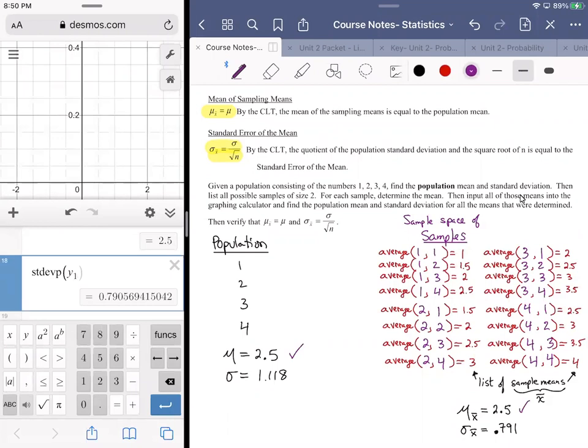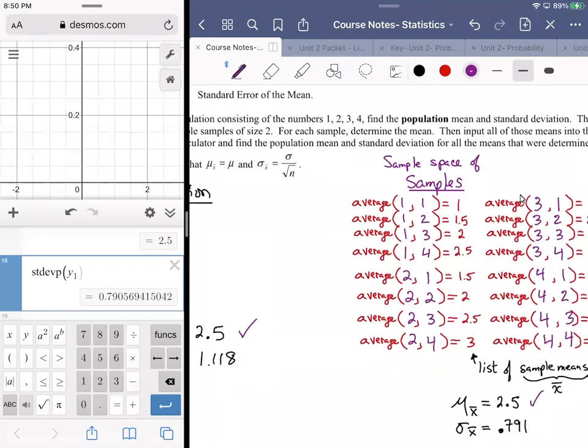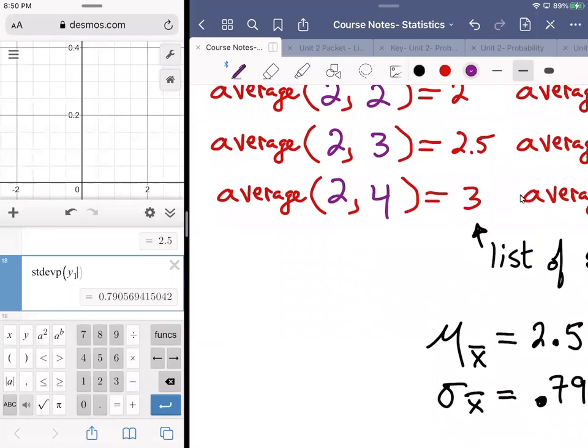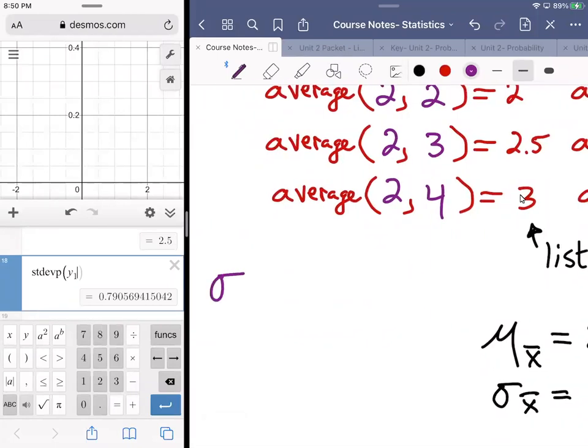The other thing is that sigma sub X bar should be equal to sigma divided by the square root of n. All right, so sigma sub X bar, I'll just jot it down over here, should be equal to sigma over the square root of n.